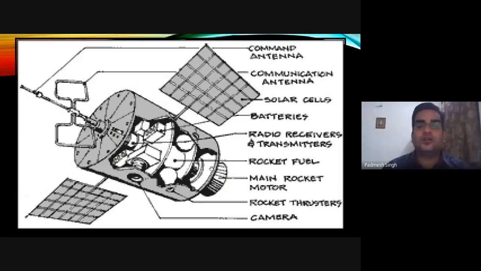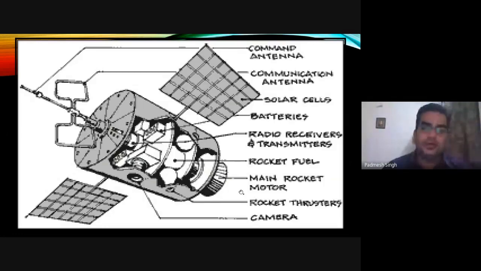Then we have a rocket type of arrangement in the lower part of this satellite to provide additional thrust, to change its orbit, or for other purposes. There is a rocket fuel, a rocket motor, and a rocket thruster, and below the structure there is a camera which takes images, depending on which type of satellite we are using.